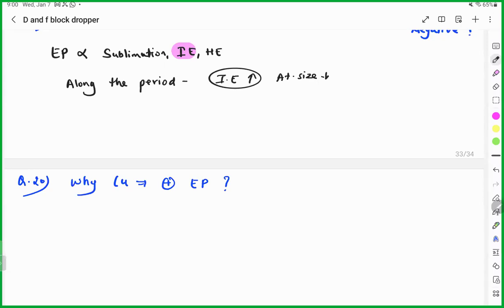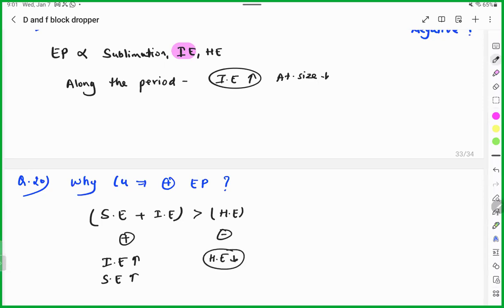It means sublimation energy plus ionization enthalpy will be greater than hydration enthalpy, because these two are positive values. Hydration enthalpy is negative. If overall it is positive, it means your ionization enthalpy is more, your sublimation enthalpy is more, and your hydration enthalpy is still low. Make sense, guys?